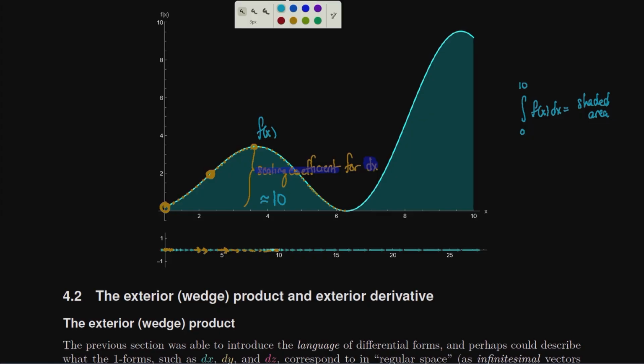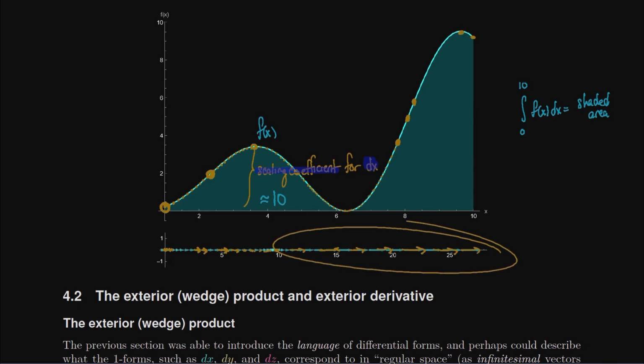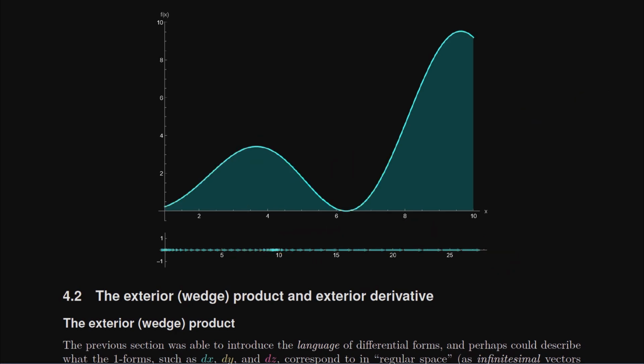But then it happens again, right? My function, even though it got down to 0, now starts increasing. And as my function increases, it starts scaling dx more and more. We get bigger and bigger scalings of dx that we're continually adding together. We end up at the top here, and these later vectors are scaled by a lot larger values. We've placed them all end to end, and we have kind of this total value of the integral that's about 27, just by adding a lot of scaled vectors together.